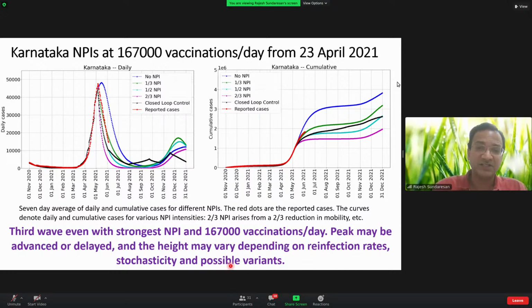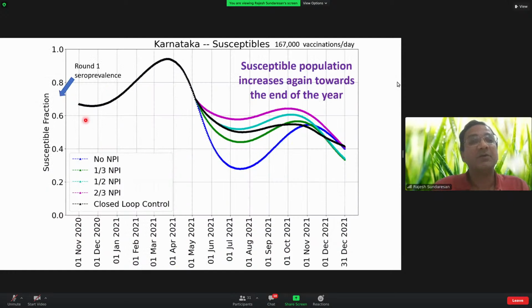The other thing is possible variants, which we have not taken into account. So this is without variants. The reason for this resurgence is because there is a significant fraction of susceptible population that is available for the virus to infect once again. So that's the reason. And so it is prudent to prepare for the next wave.